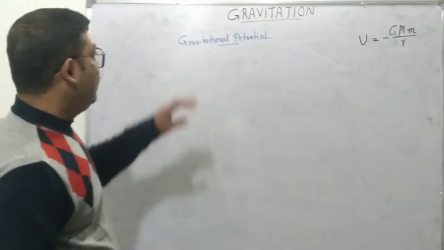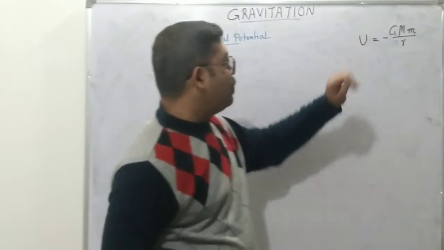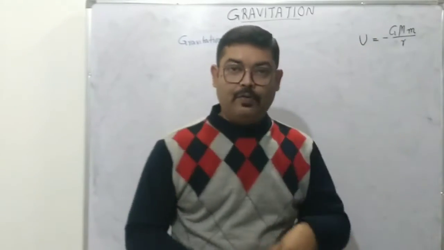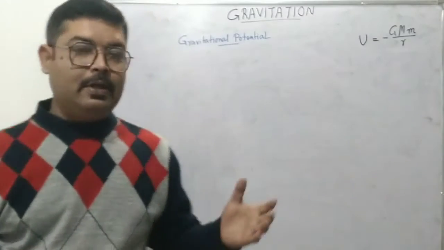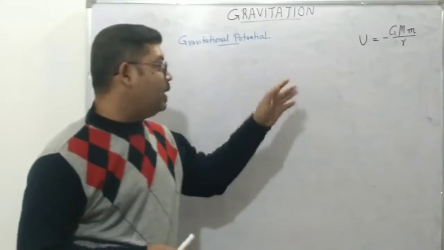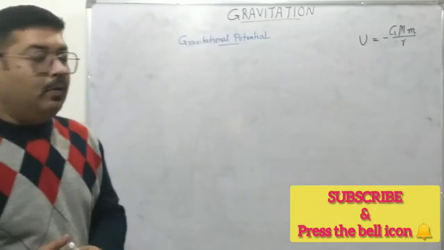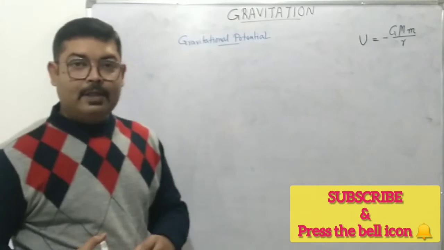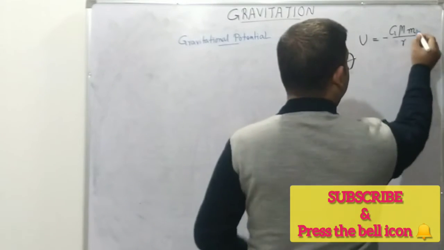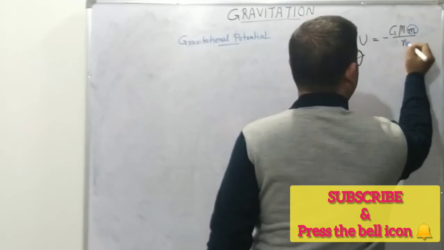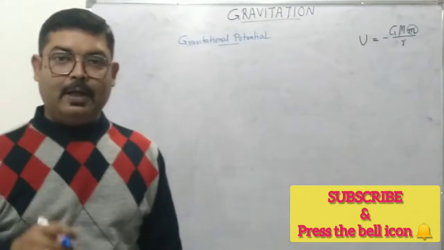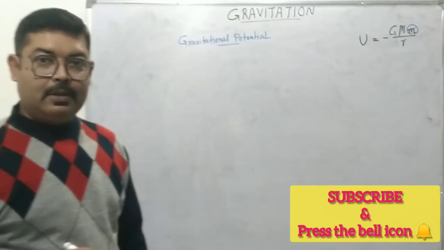Okay, so we have discussed gravitational potential energy and found an expression for it, and we have also discussed how it varies with distance, that it is a negative term. Now, what if the test mass, or the mass whose potential energy we have taken, is a unit mass?